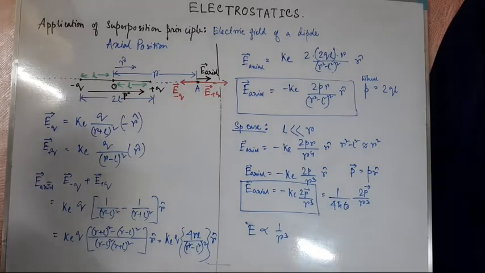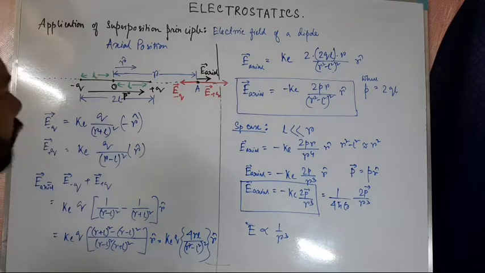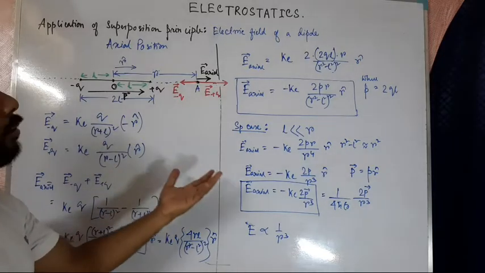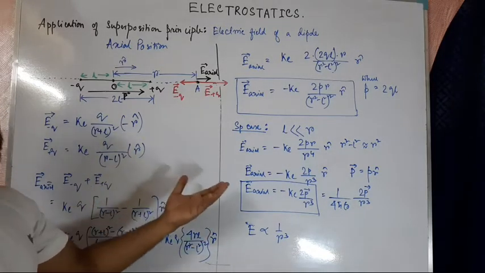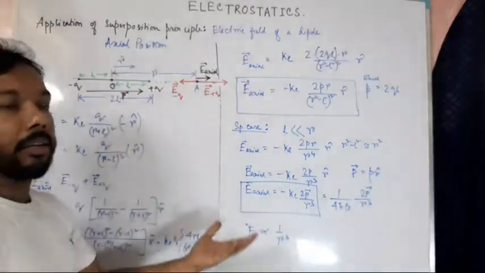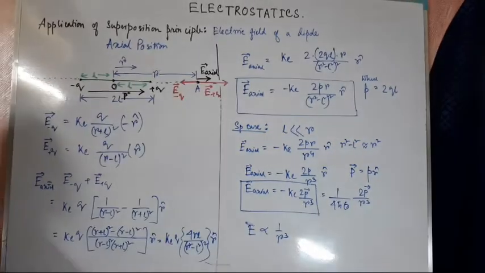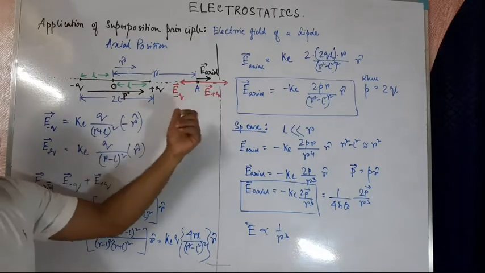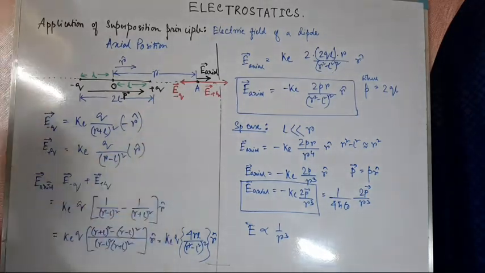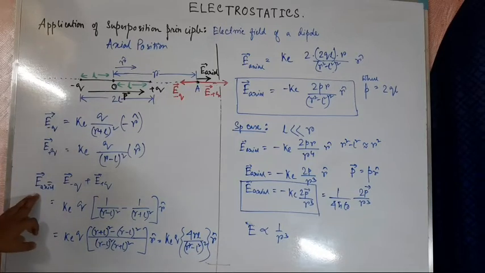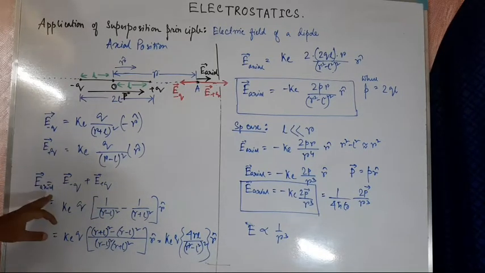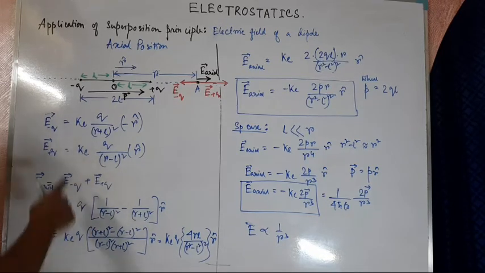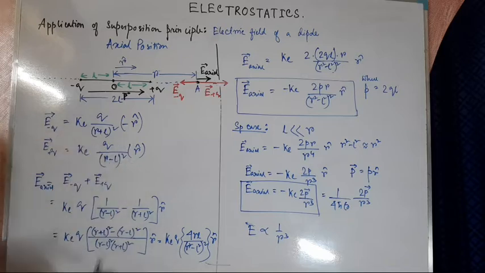We can also add them up algebraically, because these two vectors are collinear vectors, and in case of collinear vectors, the vector sum is exactly equal to the algebraic sum. Since the two vectors are opposite to each other, the subtraction of these two will give the vector addition, and the axial field will be equal to E minus Q plus E plus Q. We have just taken common K and Q and R cap.